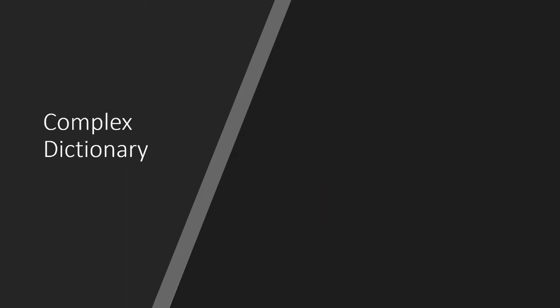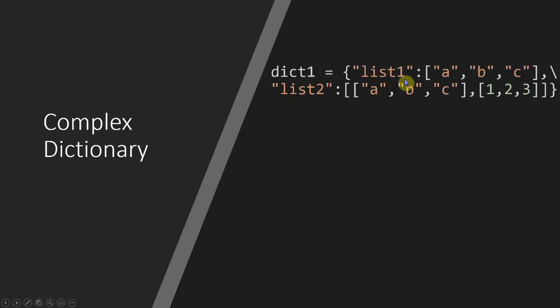And then you've got the same with dictionary. So if this is our dictionary, we've got list 1 and list 2, and this slash here is just something you need in Python if you want to get onto the next line without it thinking it's a new statement. If you didn't have this, it would think that your dictionary ended there, and it would say you've got an error. So this just means you can go on to the next line.